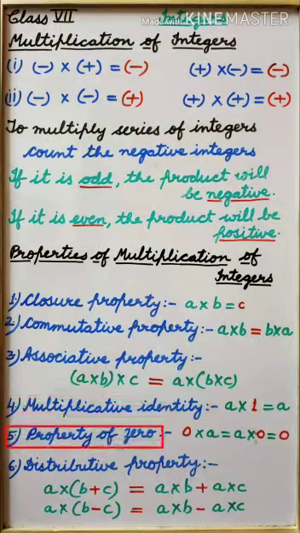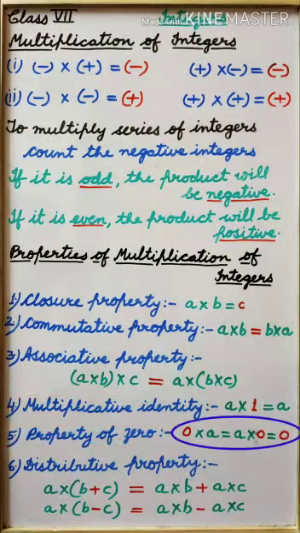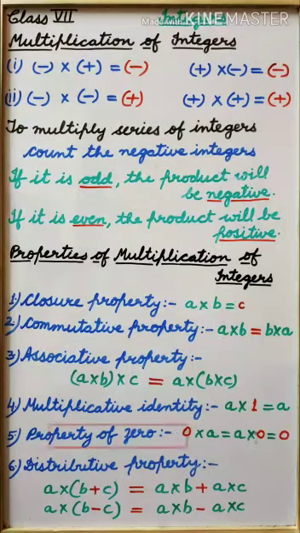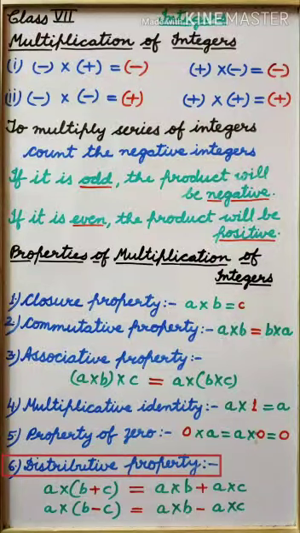Fifth property is property of 0. If an integer is multiplied by 0, then the product is always 0. This property is the property of 0. Now the sixth property is distributive property.